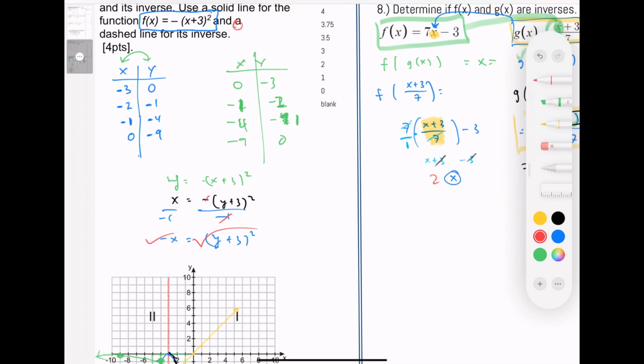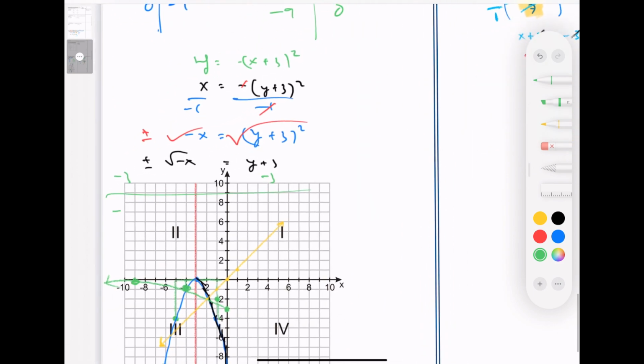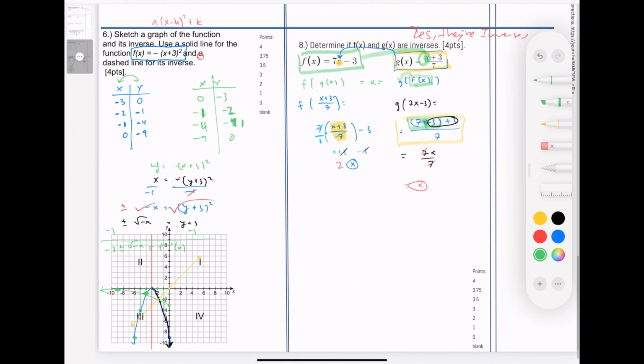Take the square root, again, plus or minus. And you have not graphed this one before. So this is your inverse. But probably would have been better using the ordered pairs.